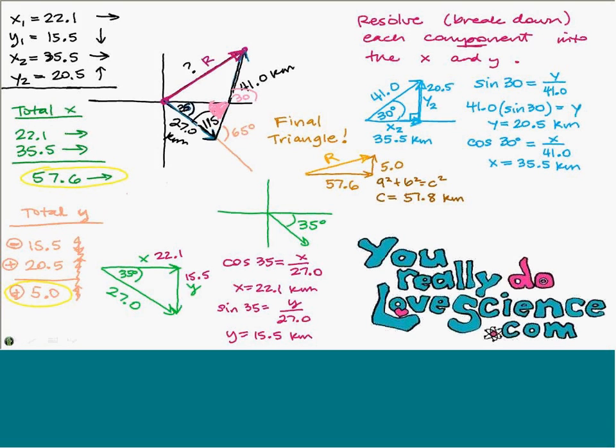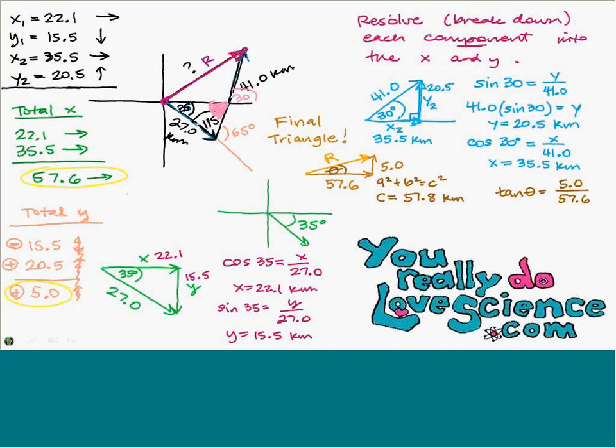So I have to find the direction. I do have to find the angle that is in here. So I'm going to call it theta, even though we keep using theta. We'll use it again. You see the opposite and the adjacent? Let's use tangent. So tangent of theta, which we don't know, is 5.0 opposite, 57.6 adjacent.